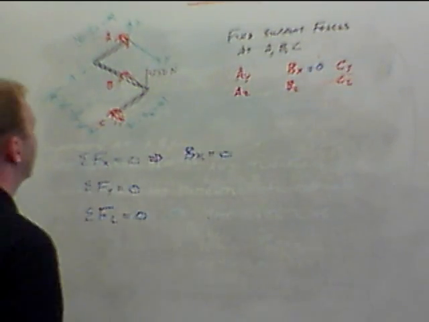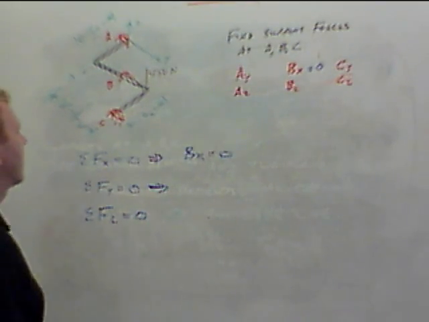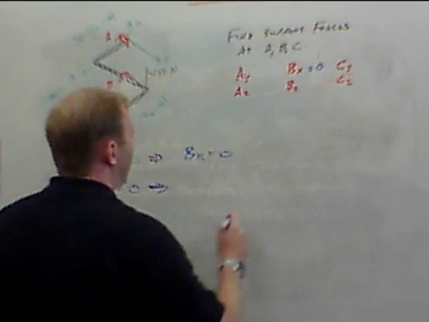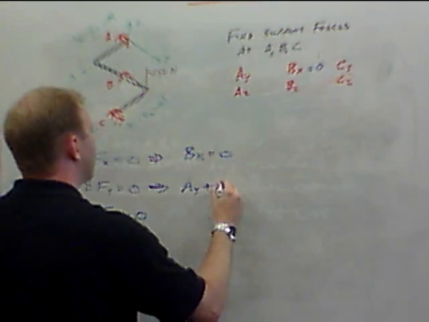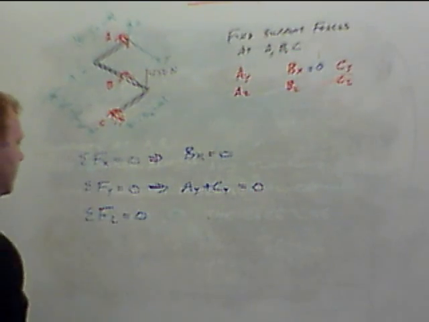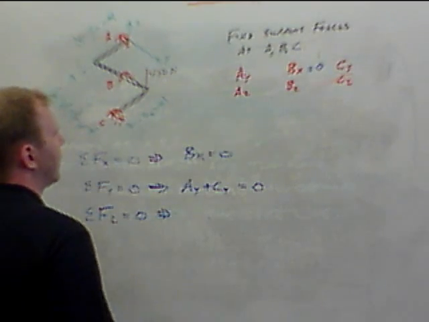Okay, summation of forces in the Y. This doesn't give us anything applied in the Y, so we just have AY plus CY equals 0. And in the Z direction, we have a little bit more going on.